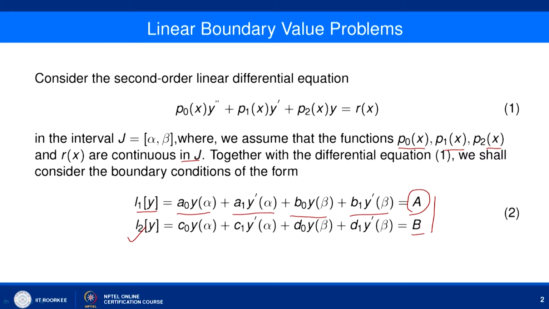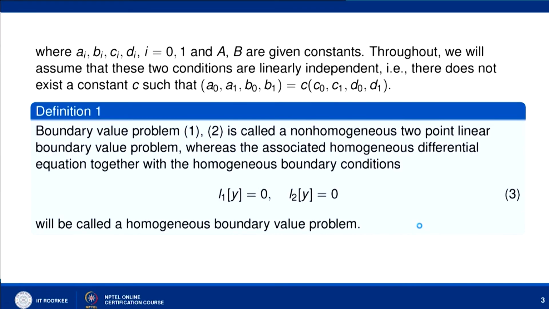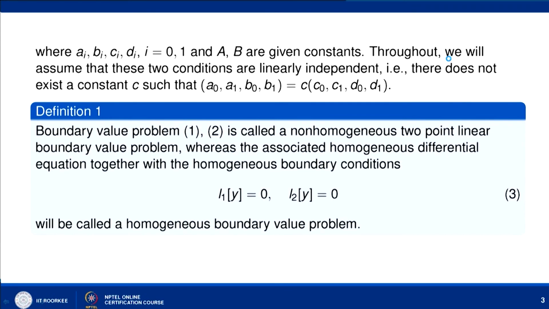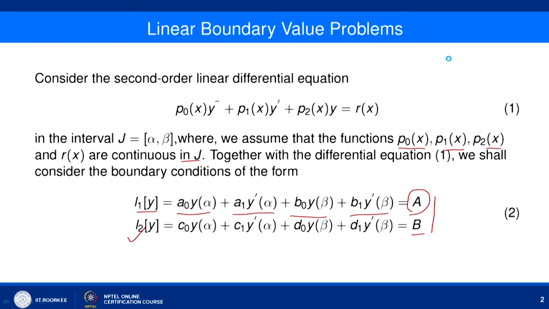Here A and B are again some real constants. So, A i, B i, C i, D i for i equal to 0 to 1, and A and B are given real constants, and throughout we assume that these two conditions are linearly independent. We simply say that these are not precisely the same conditions.